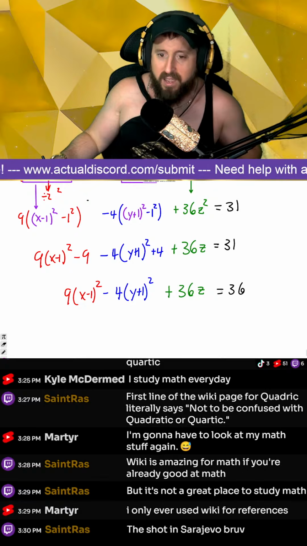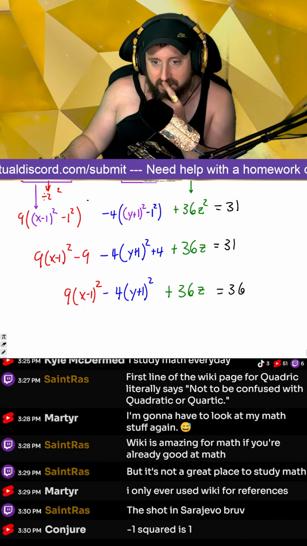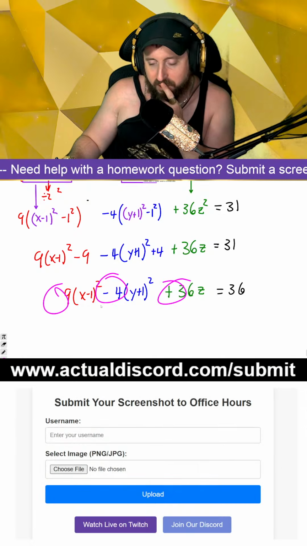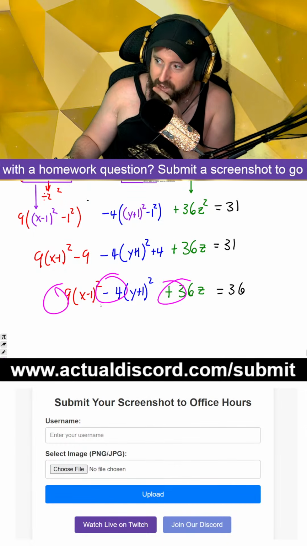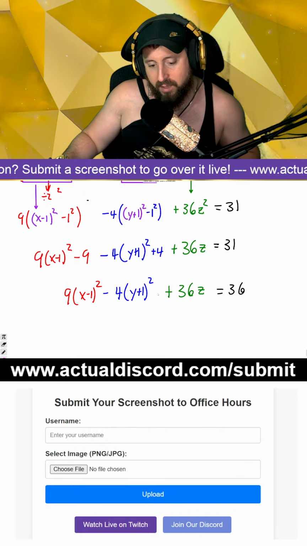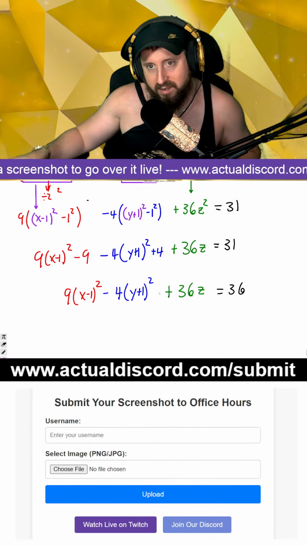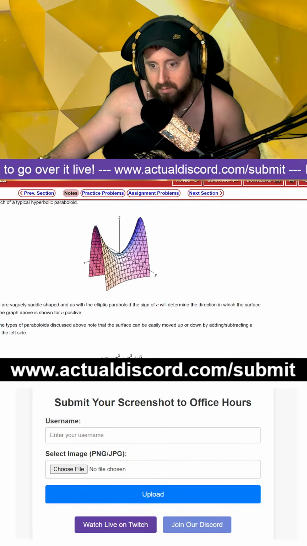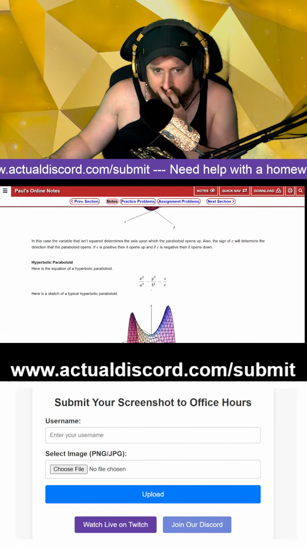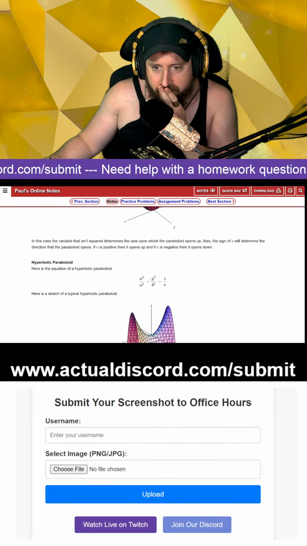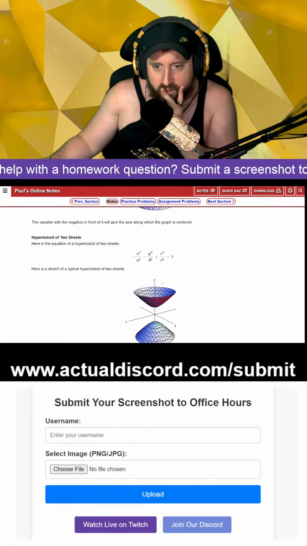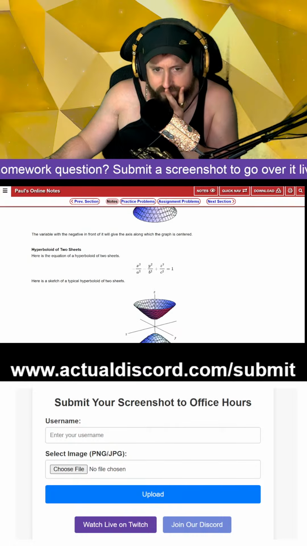Okay. This is interesting because I have plus, and then minus. And I think when I have plus and minus, that's like a paraboloid. And I think I want the minus thing at the end, maybe? Let's see. What did Paul say? Yeah, no, this is when you have a z, not a z squared. Okay, this one.